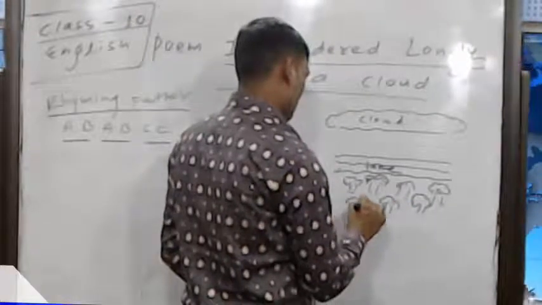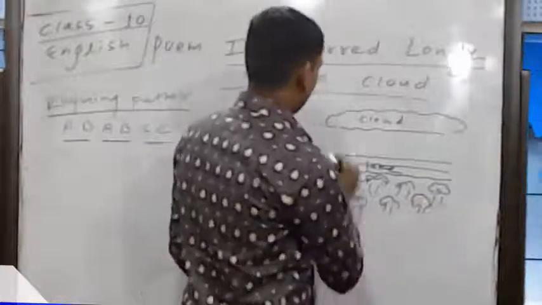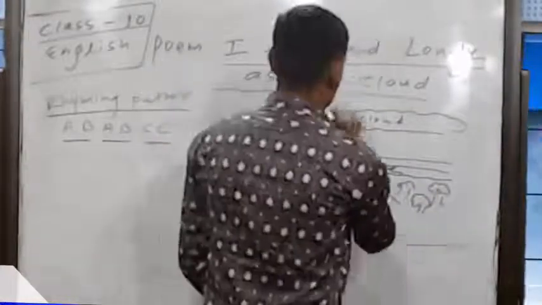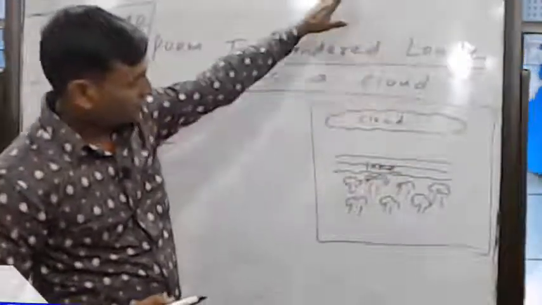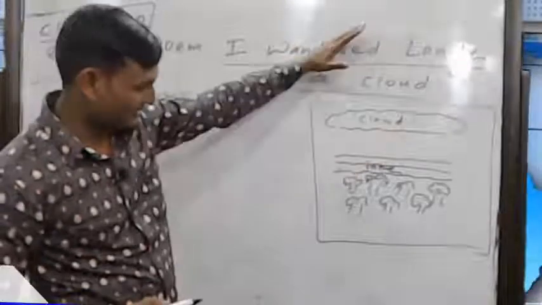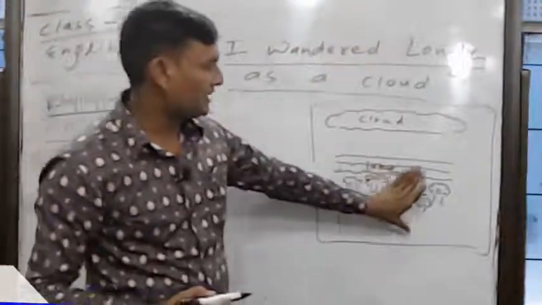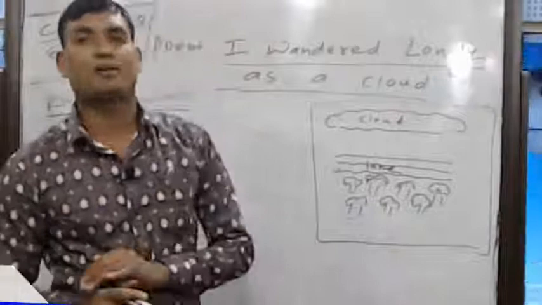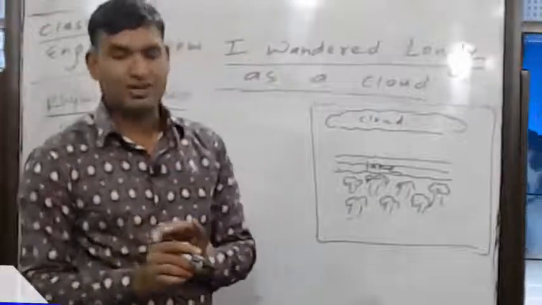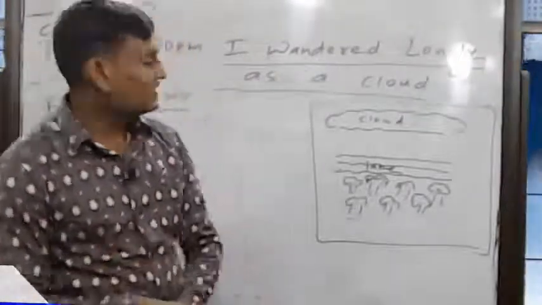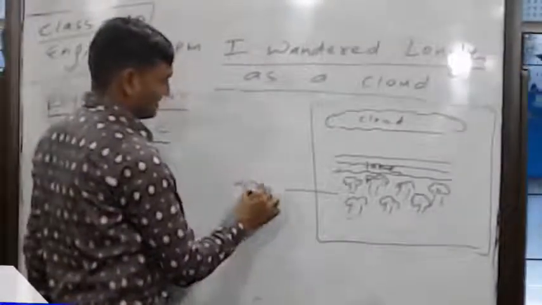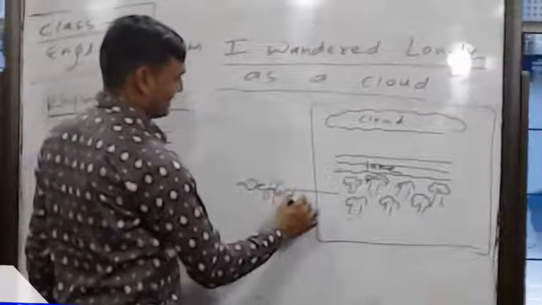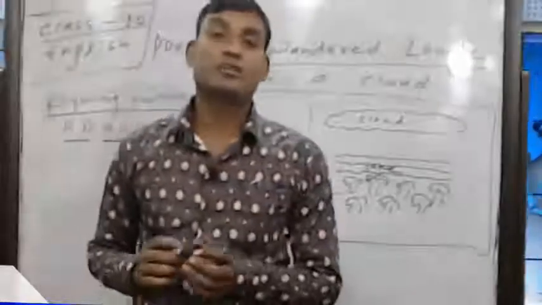In our book there is also a picture of this: a cloud above the bay, and at the edge of the lake many flowers. Their name is daffodils. In Nepali, daffodils are called gun kesari fool.